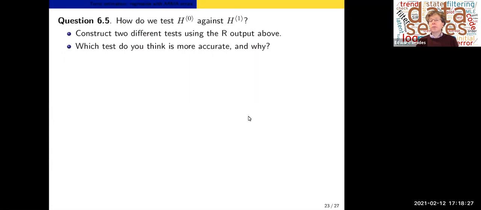So there's a couple of different ways you can do the test.